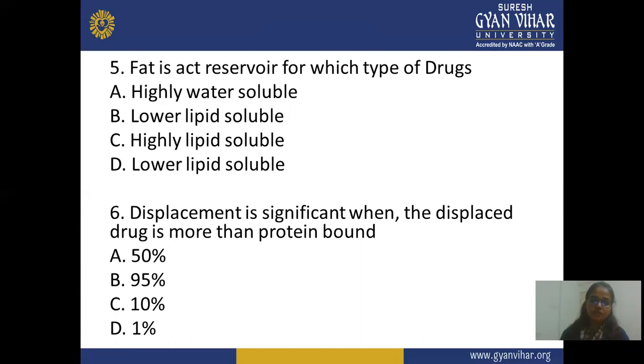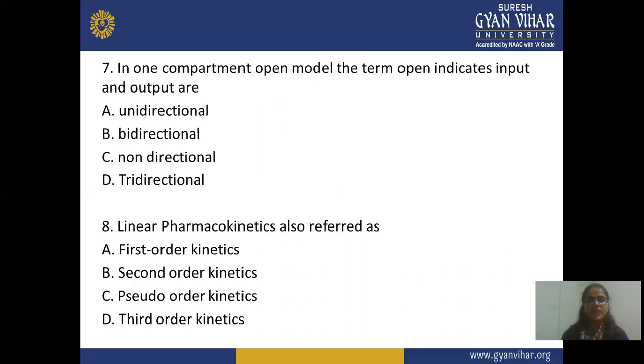And next is the sixth question. In this, displacement is significant when the displaced drug is more than what percent protein bound. A is 50%, B is 95%, C is 10%, and D is 1%. Next, in the seventh question, in one compartmental open model, the term open indicates input and output are.